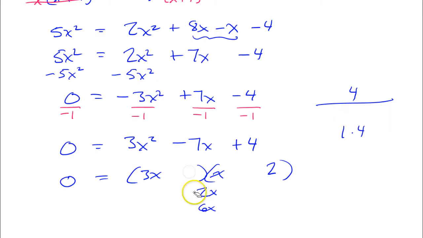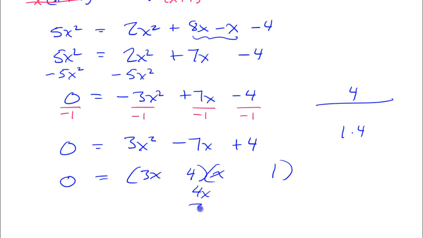So that leaves 1 and 4. Now it does matter whether I put the 1 here and the 4 here, or the 4 here and the 1 here. I'm looking ahead and I'm thinking it's going to work best if I put the 4 here and the 1 here. Again, inner plus outer equals middle. Inner, I now have 4x.